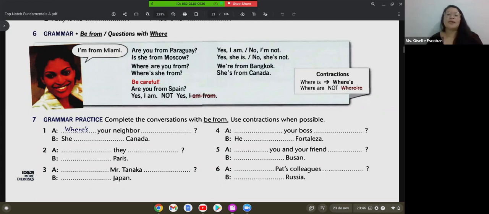Sí, soy de España. Pero si solo lo dejamos en yes, I am from, es como que estuviéramos diciendo en español, sí, soy de. No tiene sentido, ¿verdad? It makes no sense. Entonces, yes, I am. Sí, lo soy. Pero también podemos decir, yes, I'm from Spain. Bueno, sí, soy de España.